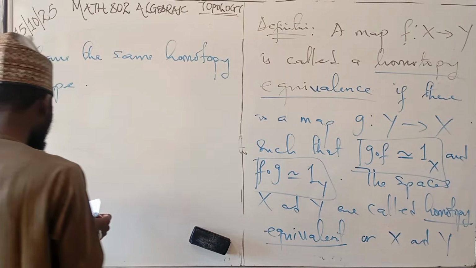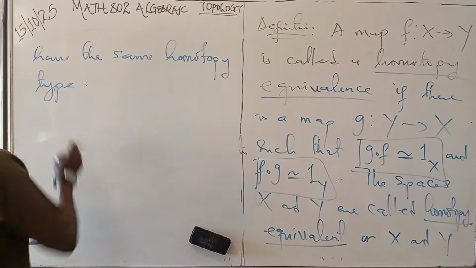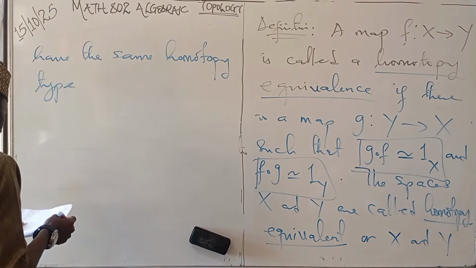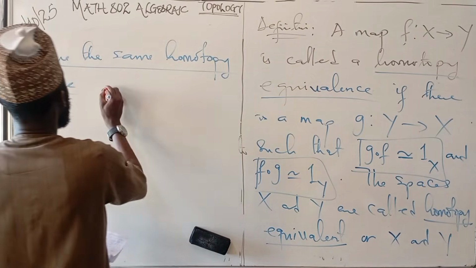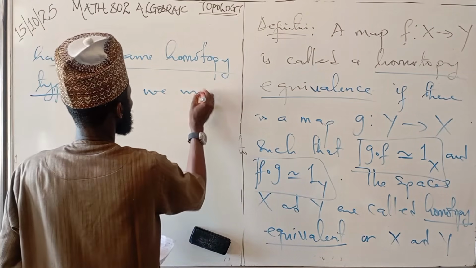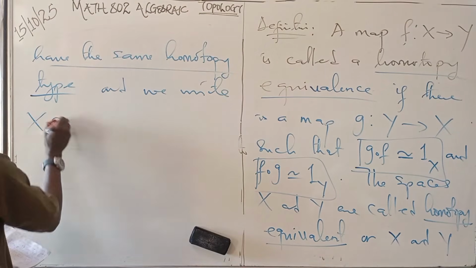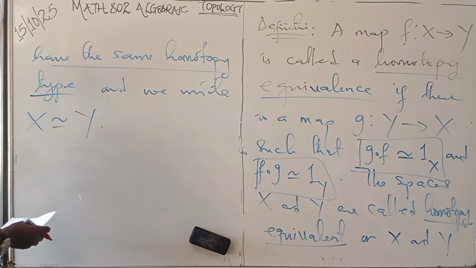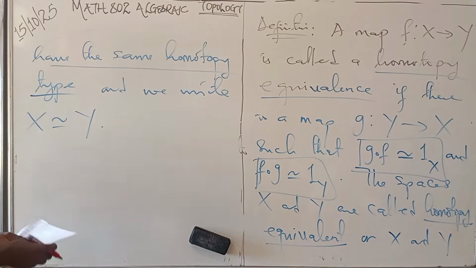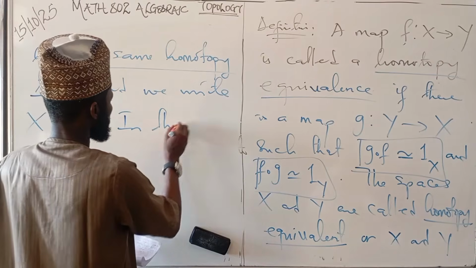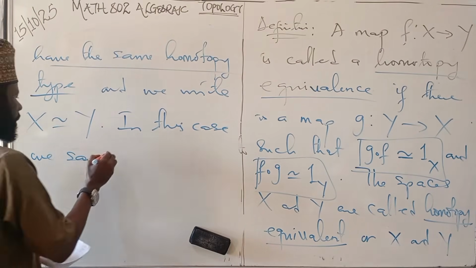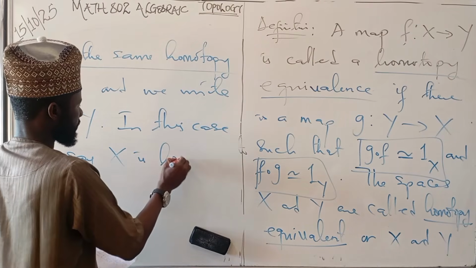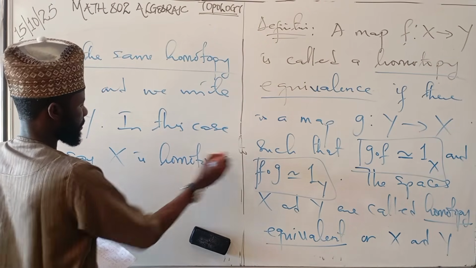So you say they have the same homotopy type, and we write X is homotopic to Y. In this case, we say X is homotopic to Y.